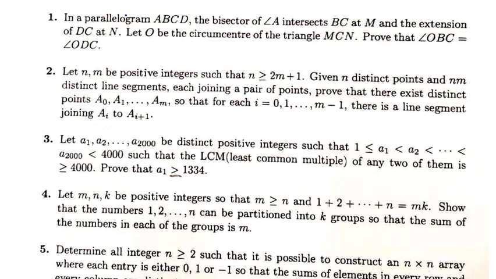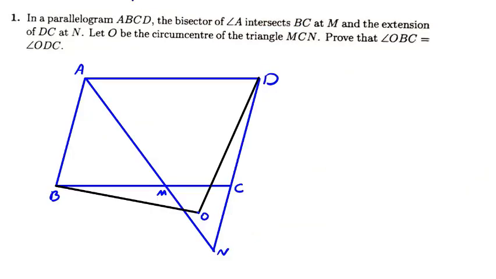Problem number 1. In a parallelogram ABCD, the bisector of angle A intersects BC at M. So let's draw the shape. We can call this angle alpha, alpha.